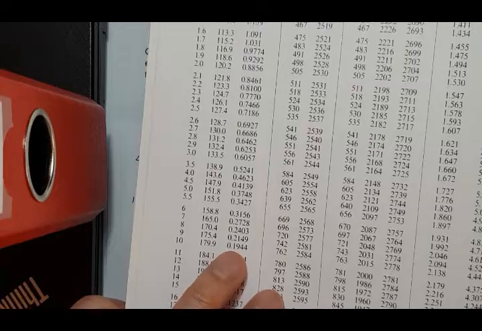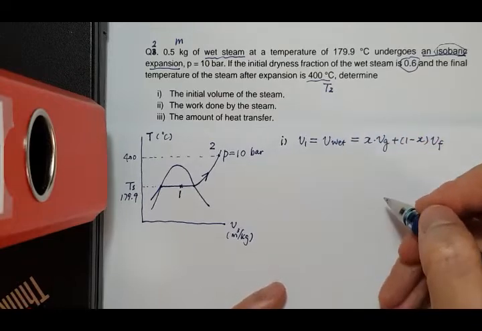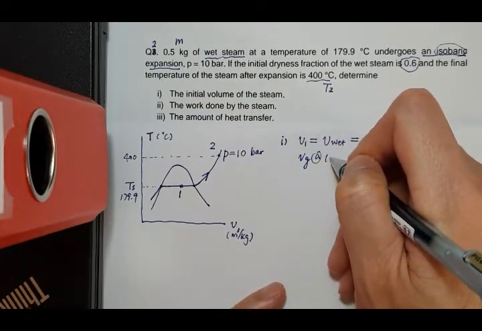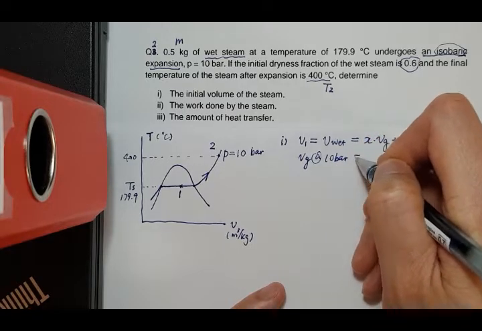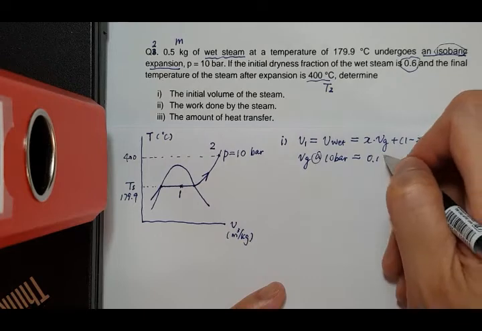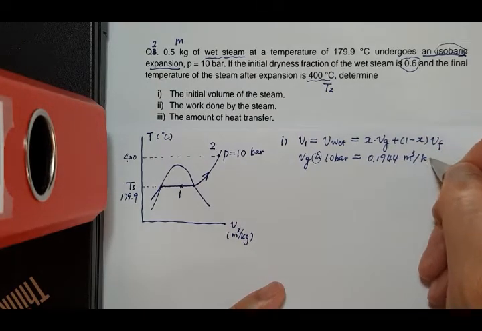So that's 0.1944. That's for Vg. So we have Vg at 10 bar equal to 0.1944 cubic meter per kilogram.